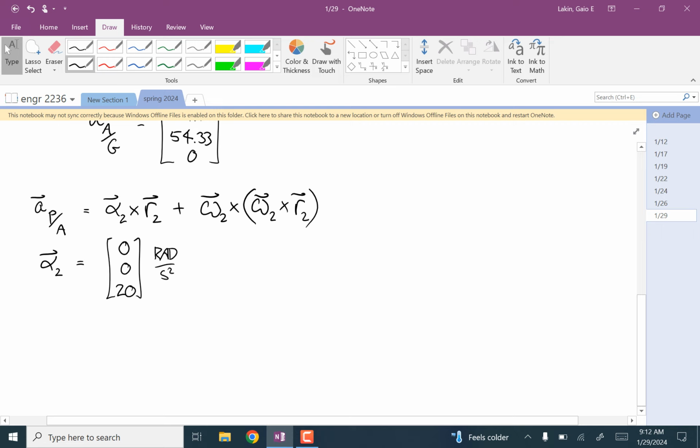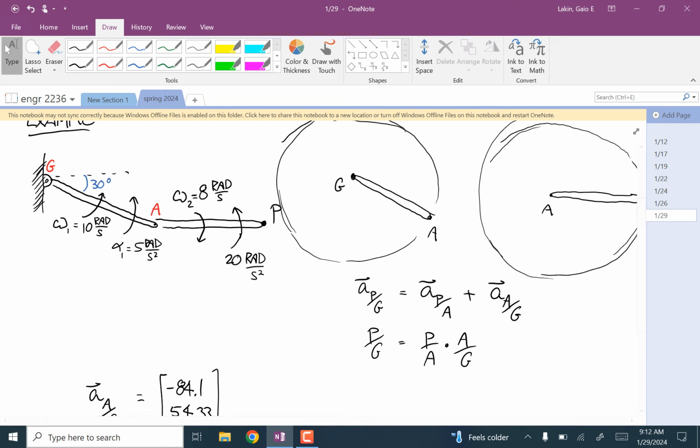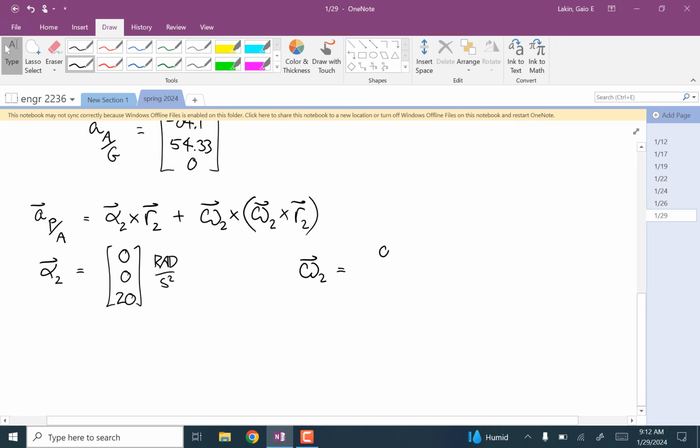The units are radians per second squared. Now omega 2, right-hand rule is going this way. Your thumb is into the page. So that's the negative z direction. So omega 2 is 0, 0, negative 8.